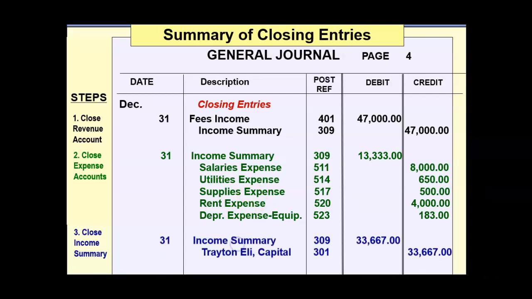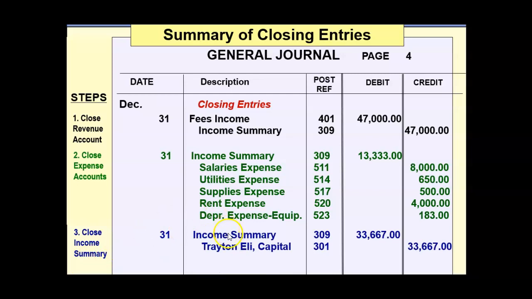In the third step, we close the income summary account to the owner's capital account. You're simply transferring the net income or net loss for the accounting period over to the owner's capital account. And in our fourth and final step, we close out the drawing account to the owner's capital account.